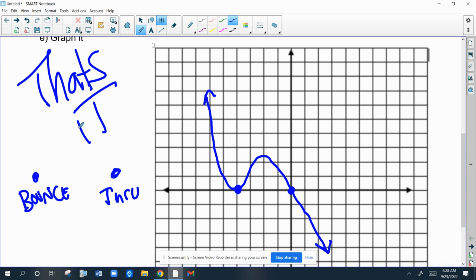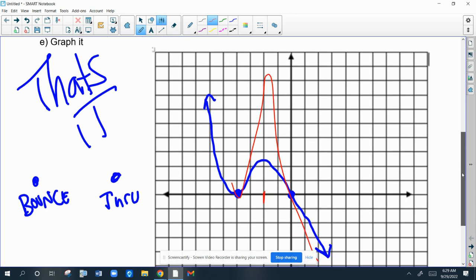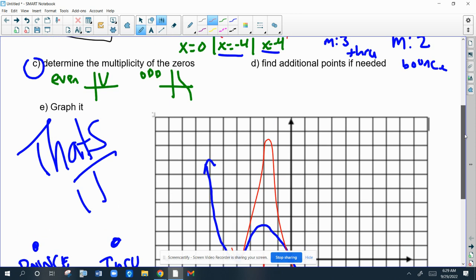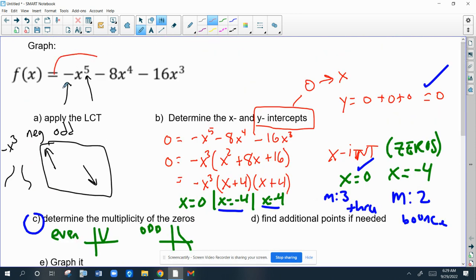Now, one other little bonus thing here. I'm done with this problem, but if you want to see how high this goes, additional points would be nice for that. I'd like to see what happens around, say, negative 2. To figure out what happens at negative 2, I'm going to have to plug in negative 2 here.